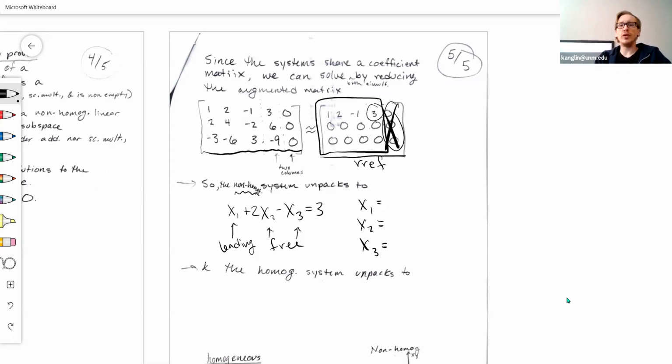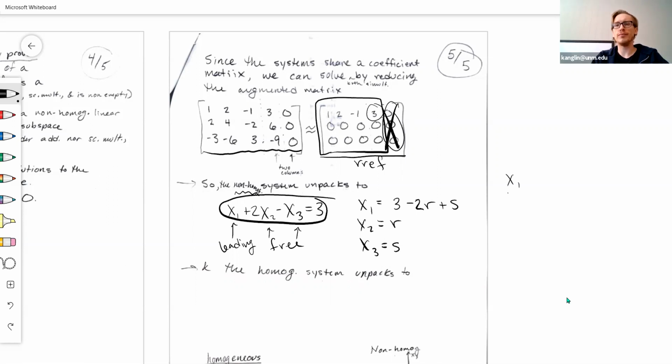So I'll let x2 be maybe r, and I'll let x3 be s. That means x1, solving this for x1, it'd be 3 minus 2x2 plus x3. But I know what x2 and x3 are, so I'll replace them up here. x2 is r, x3 is s. So there's our solution.